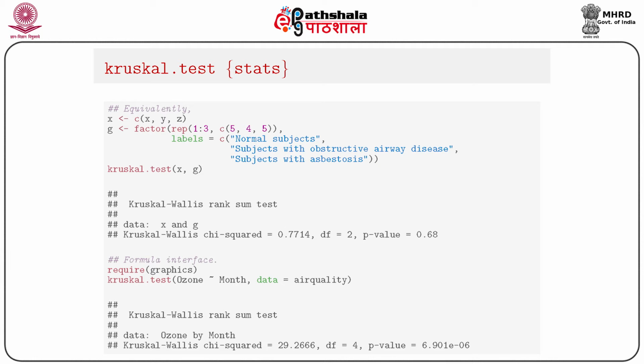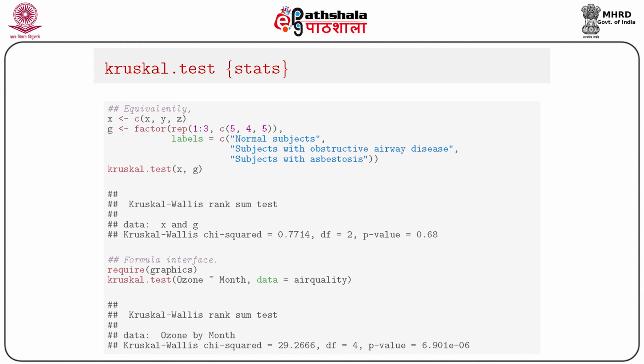And if somebody wants to use the formula format, you can use the same air pollution data and write kruskal.test, where ozone is the response and month is the stratifying variable. So ozone, then tilde symbol, then month, and data equals airquality.